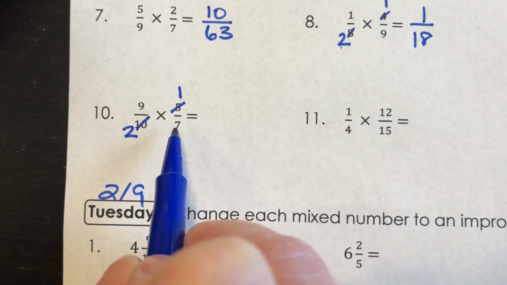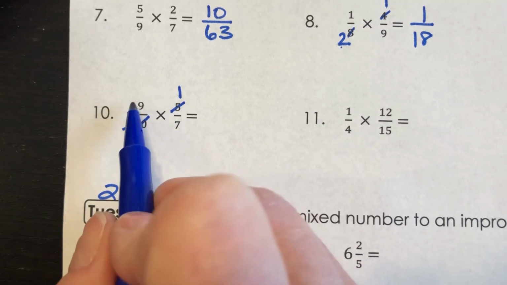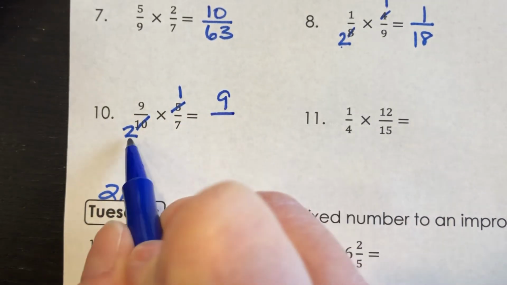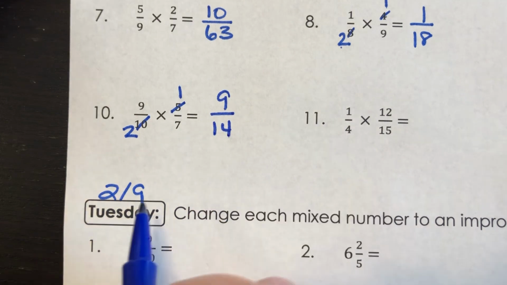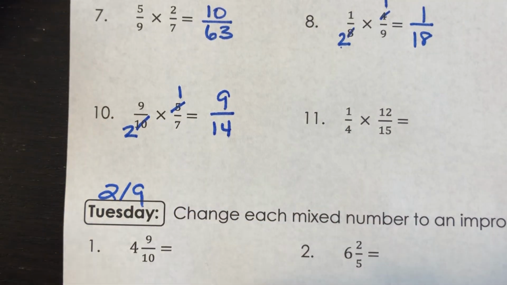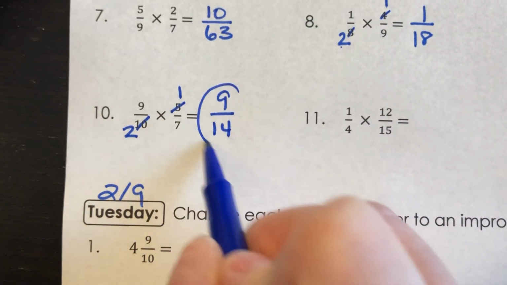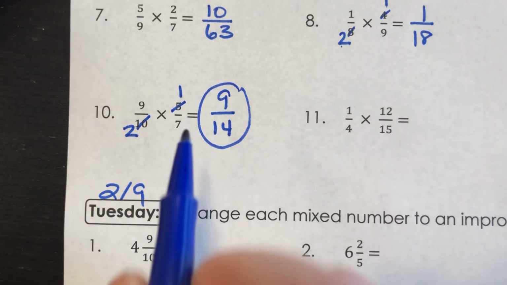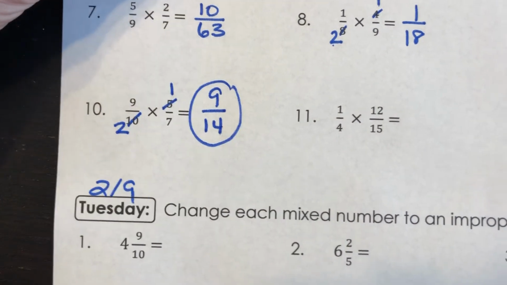And then you would have to simplify that. You'd have to probably start off by dividing by 5. So 9 times 1 is 9. 2 times 7 is 14. So if you had 45/70, they can both be divided by 5 to bring you back down to 9/14. 9/14 is what you should have.